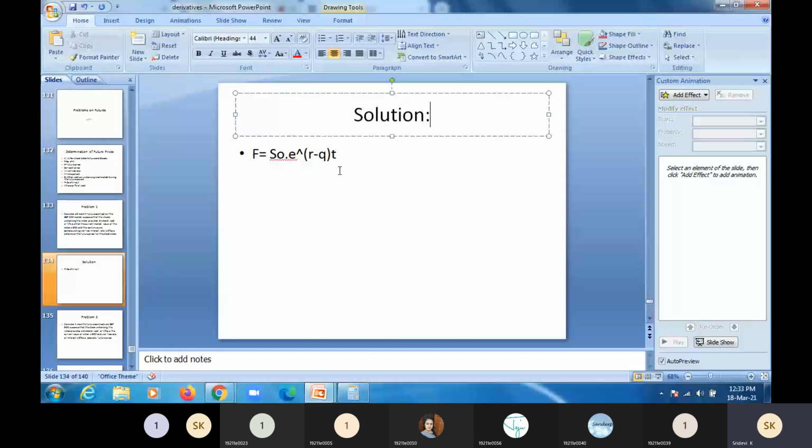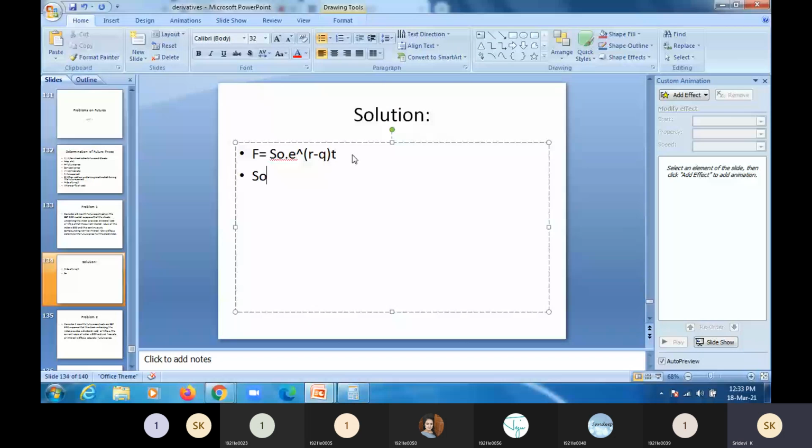First identify S naught. S naught means the spot price, 800. R is equal to 6%, we convert it into decimal value, 0.06.